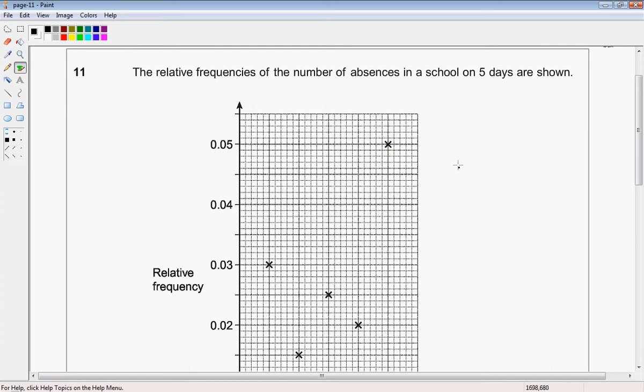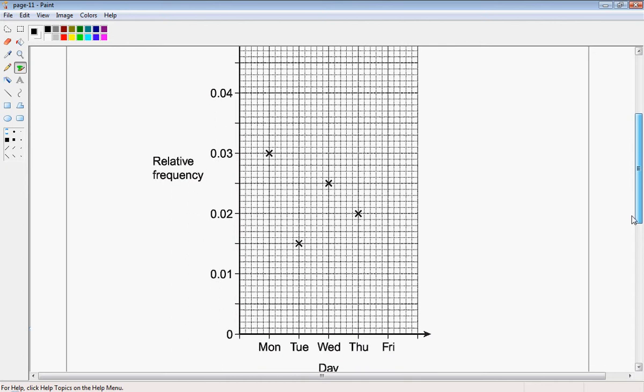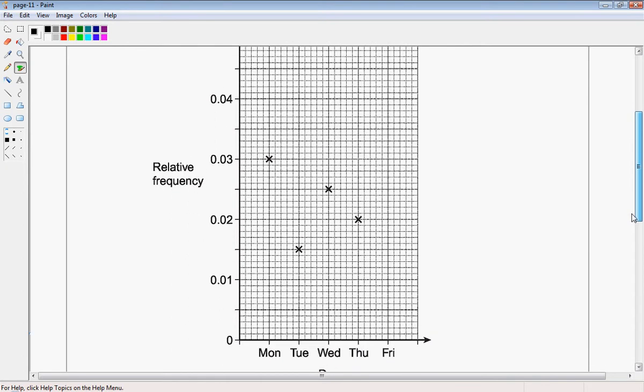Okay, so question 11. The relative frequencies of the number of absences in a school on 5 days are shown. So here we've got a frequency table, and here we've got the relative frequency, and underneath we have days of the week.